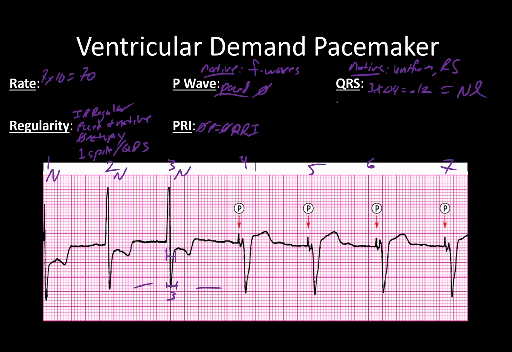In terms of our paced beats, if we just look at them without even doing any measurements, we can tell that they're uniform, they're wide, and they're tall. The native beats are tall as well, but the bigger trick is the fact that they look particularly wide. So if we even measure one out, we'll do beat number 6 because this is kind of out in the middle of nowhere.